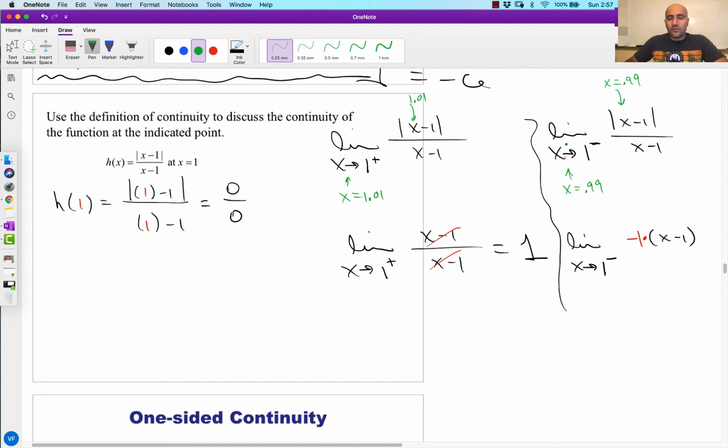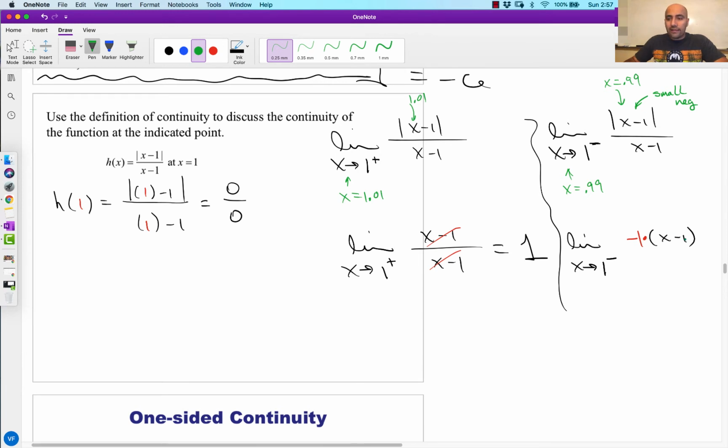Remember that we just established that this part inside the absolute value is always going to be a very small negative number, right? But then what does the absolute value do? It turns it into a positive. How do you turn a small negative number into a positive? You have to multiply it by a negative 1.